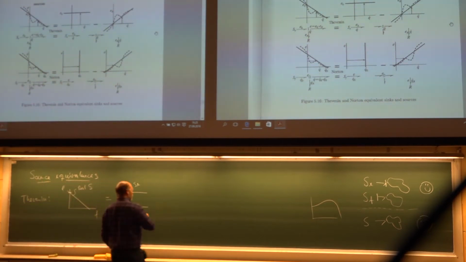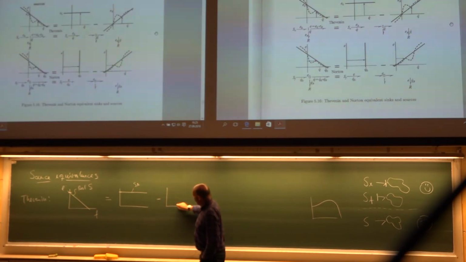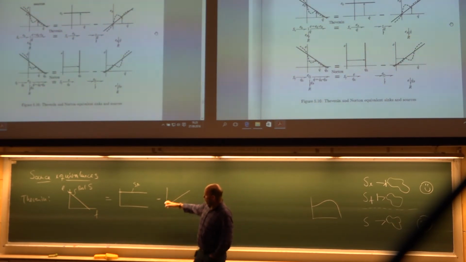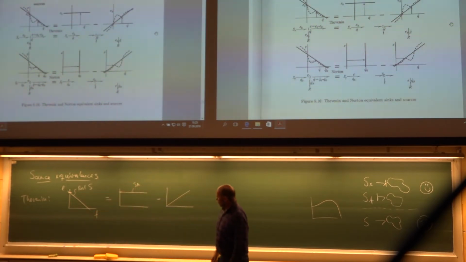So what do I have to do? Well, I have to take a minus, and then I need something like this. If you subtract these two, then you will get the behavior we are interested in.